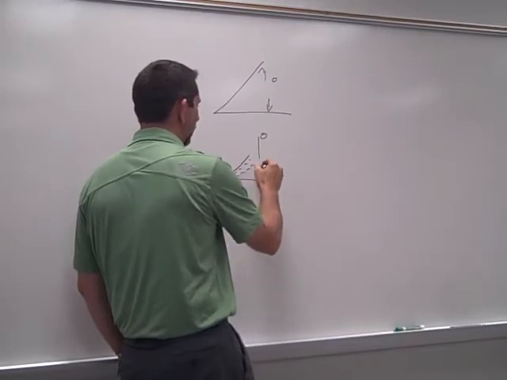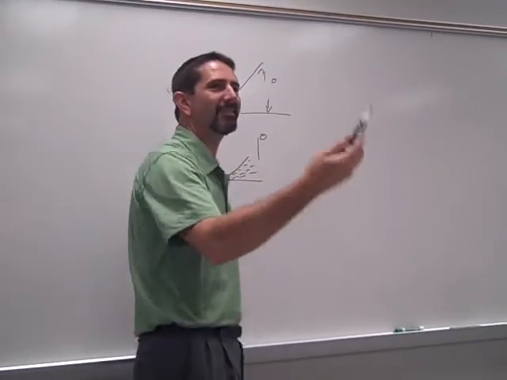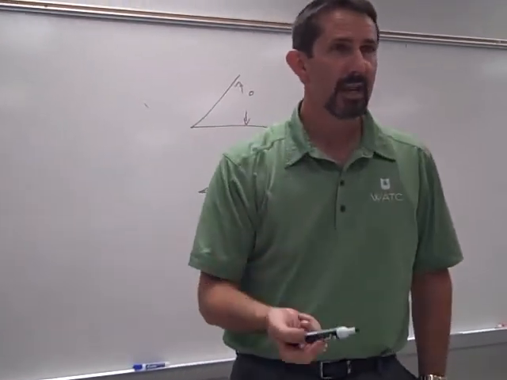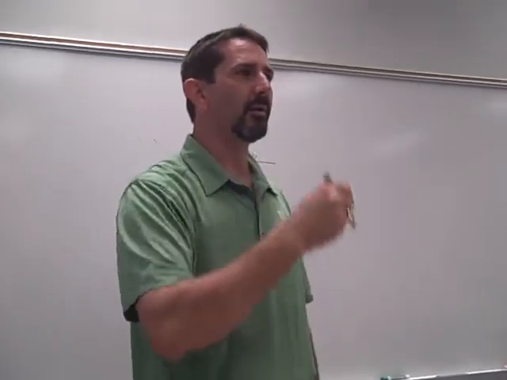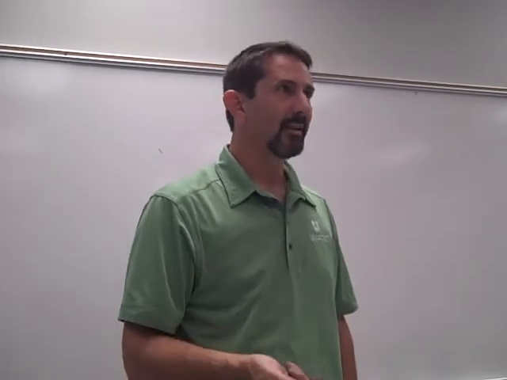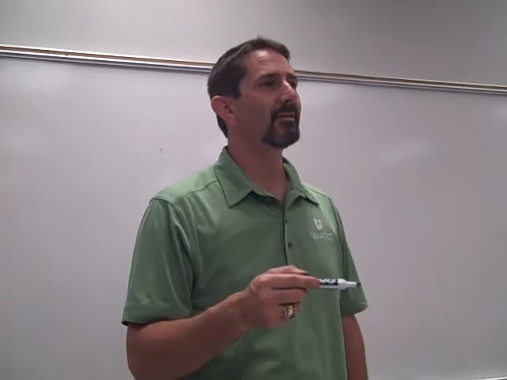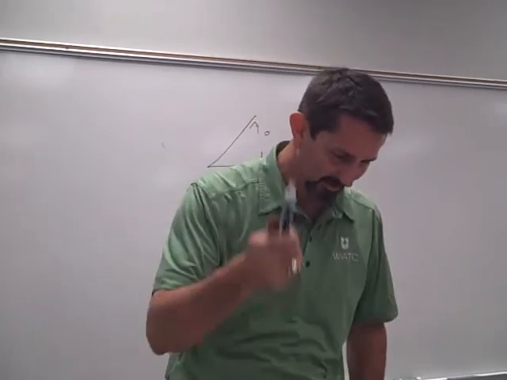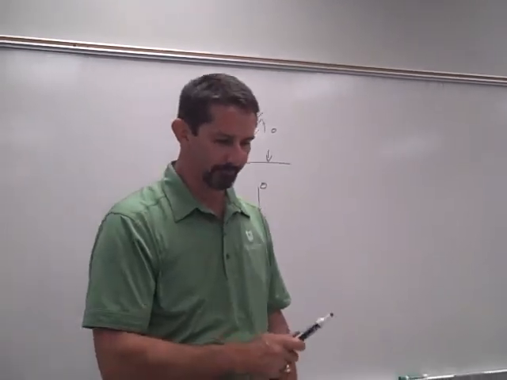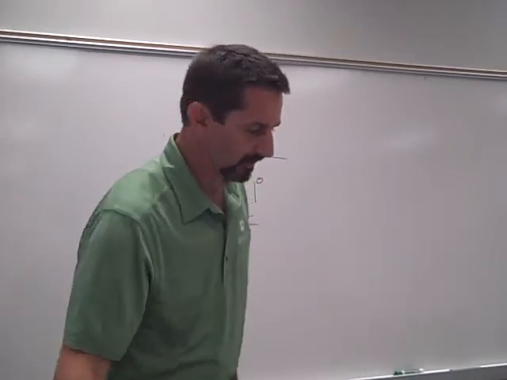How many minutes are in 1 degree? 60, just like time. And if I want to break down the minutes to the next smaller unit, seconds. So how many seconds are in each minute? 60. Once again, just like time. Very good. All right.